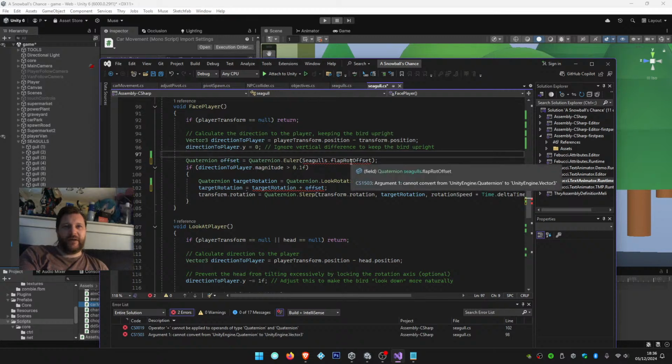But this is where it says cannot convert quaternion to UnityEngine vector 3. What? I'm so confused. It is a vector 3 though. I am so confused.